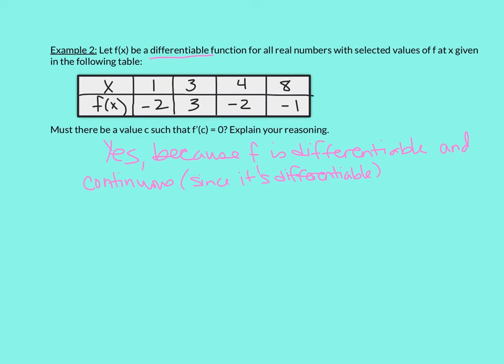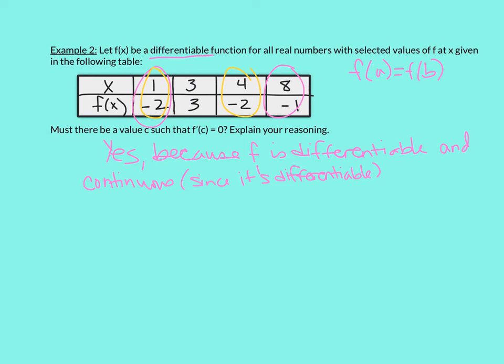The other thing that we need, remember, is we need endpoints where you have something like f of a is equal to f of b. So in this case, if you look at our two endpoints at x equals 1 and x equals 8, those are actually not equal. So we can't do it with a equals 1 and b equals 8. However, if you notice that when x is 1 and x is 4, we have the same f value.